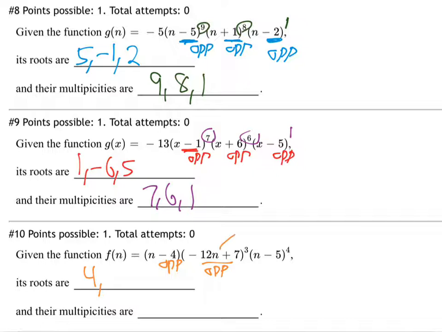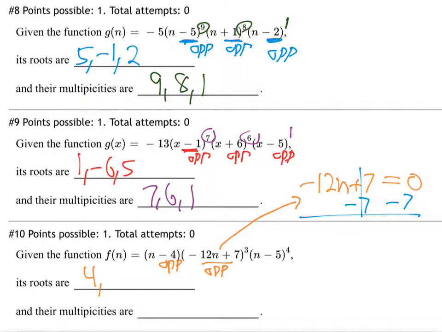So on a harder one like this, you can take it out of its little parentheses, minus 12n plus 7, set it equal to 0 and solve the equation, because that's what you're really trying to find. The other ones are so easy we can just look at them, so I didn't do this formal step. But this one's a little harder, so let's do it. So can you solve that little equation real quick? What do I do to solve for n?